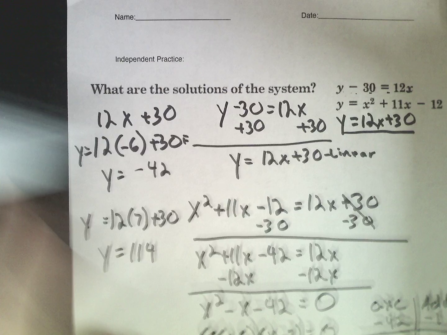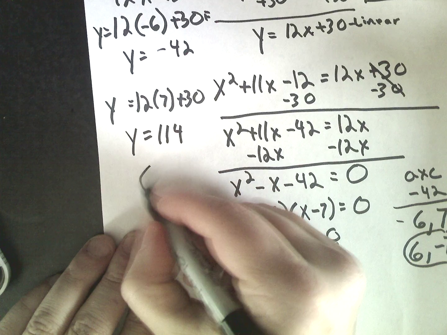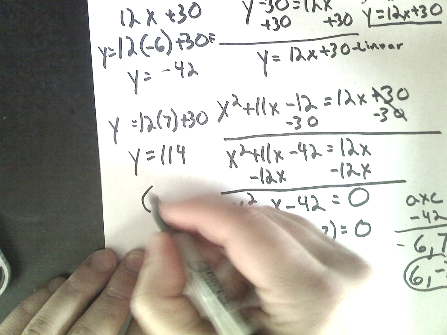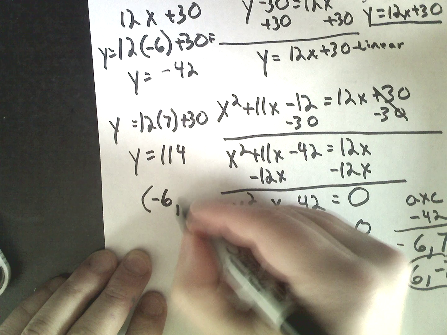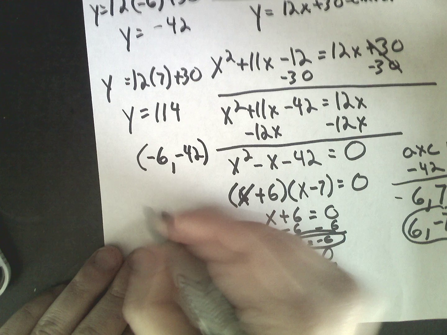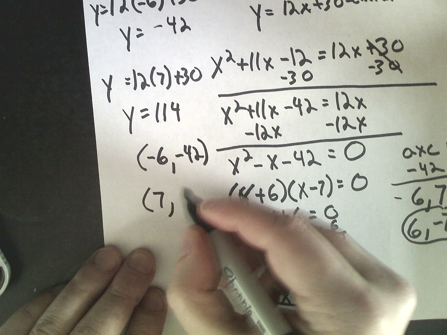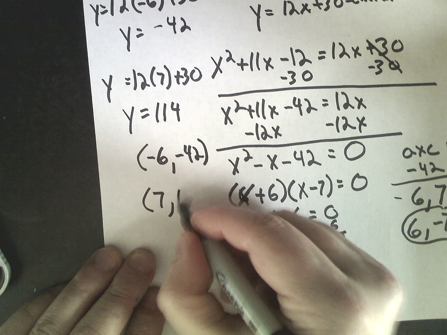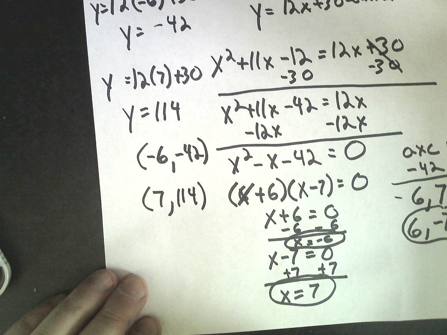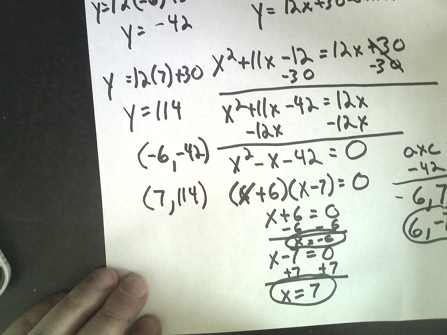So now I have my two places where these two graphs meet. My first one is negative 6 as my x, and negative 42 as my y. And my other one where my x is 7 and my y is 114. Positive numbers. This is where the two things cross.